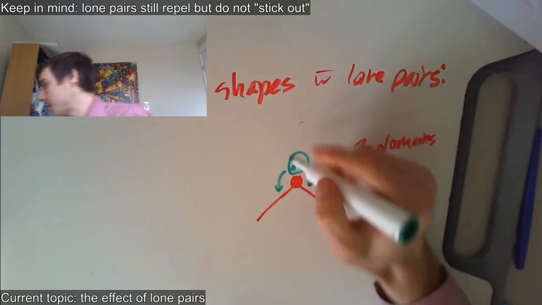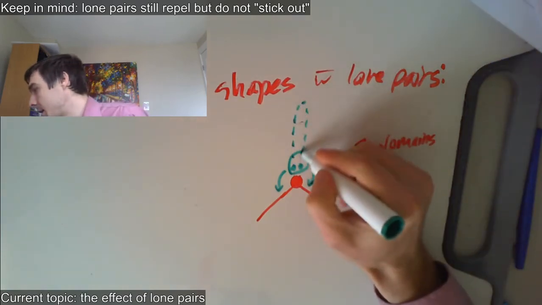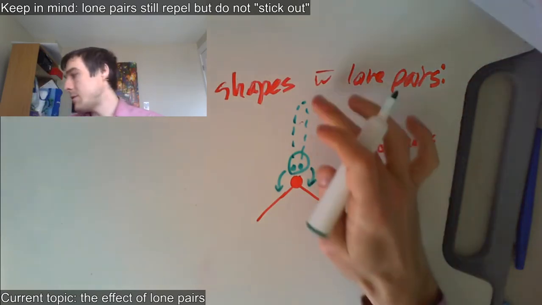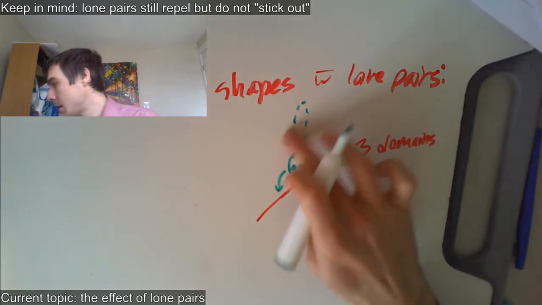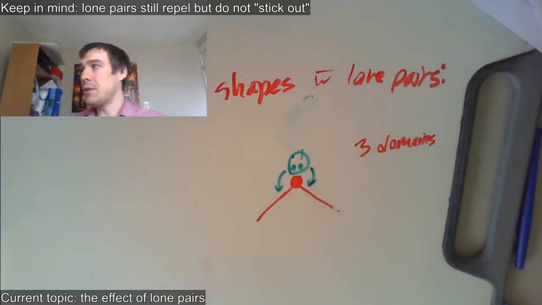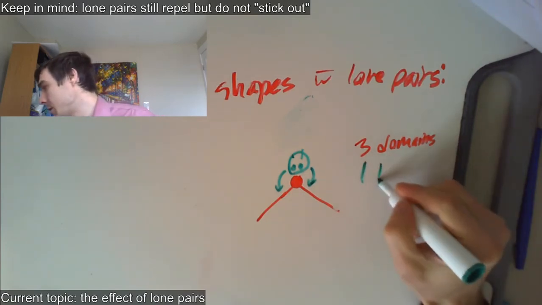So it's kind of like a trigonal planar, but they don't contribute to the actual shape. They don't stick out. So we have a different shape now. It's 3 domains, but 1 lone pair.